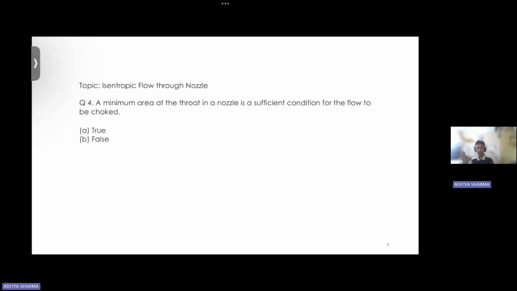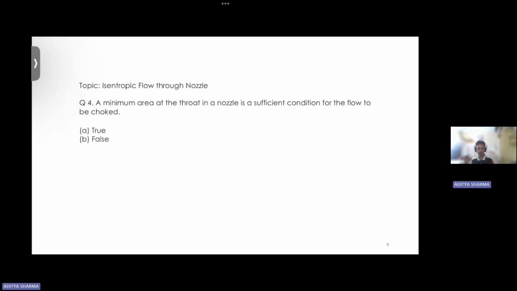Only if they are in viable states is the throat going to be choked.